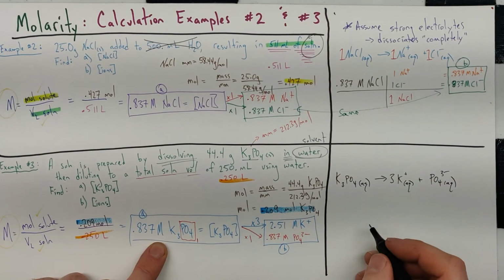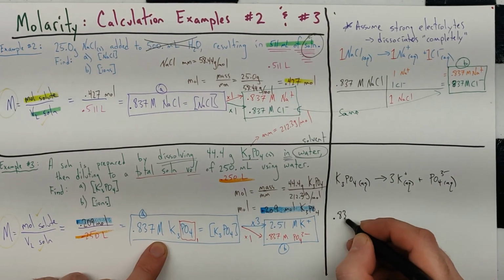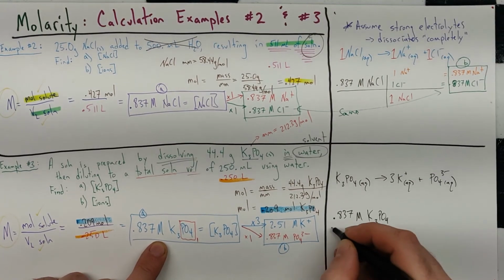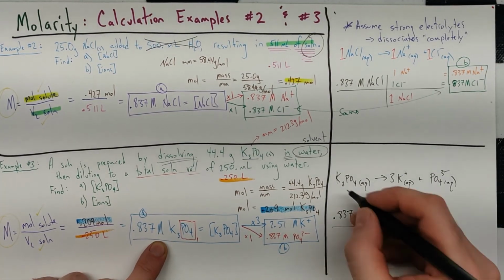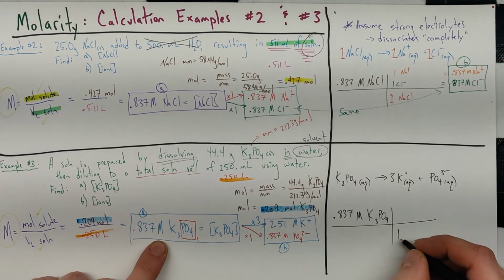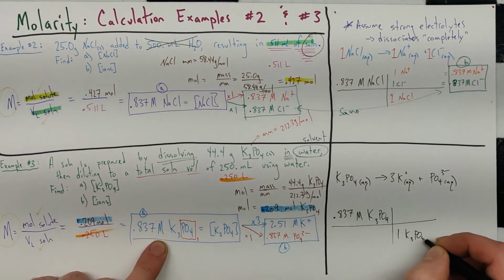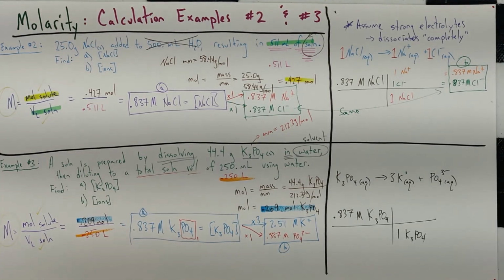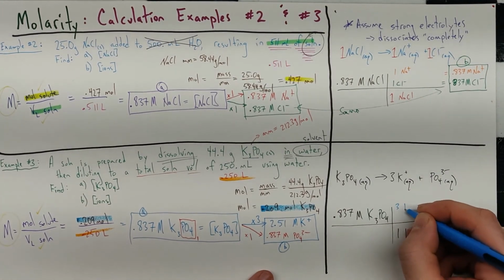And when we set up our dimensional analysis, we're starting with 0.837 molar K3PO4. And I know that for every 1 K3PO4, we have 3 potassium ions.